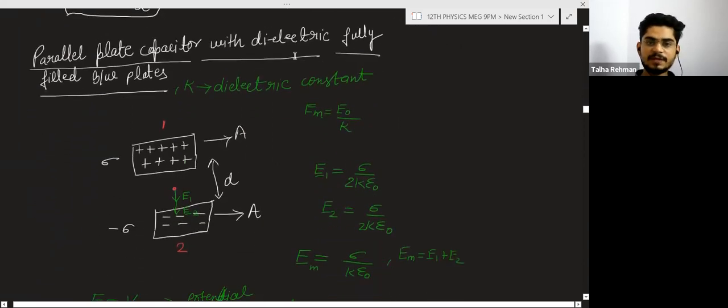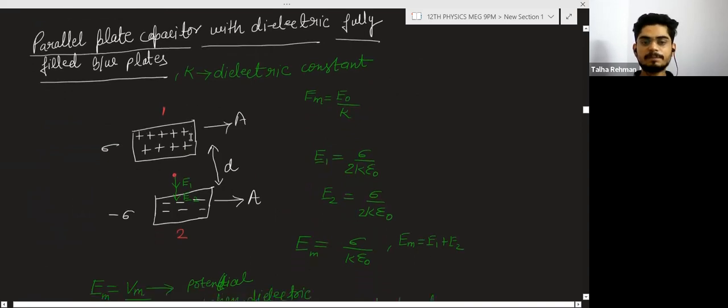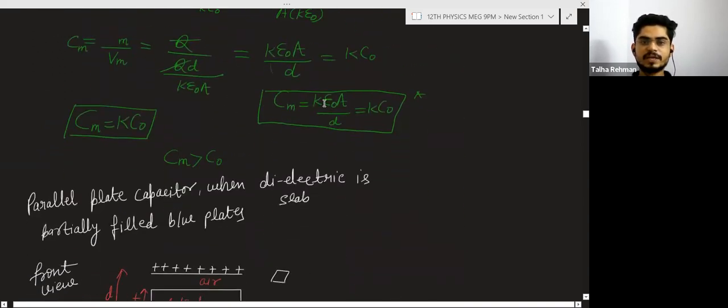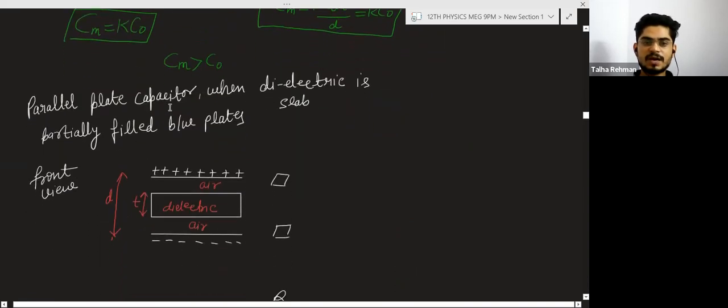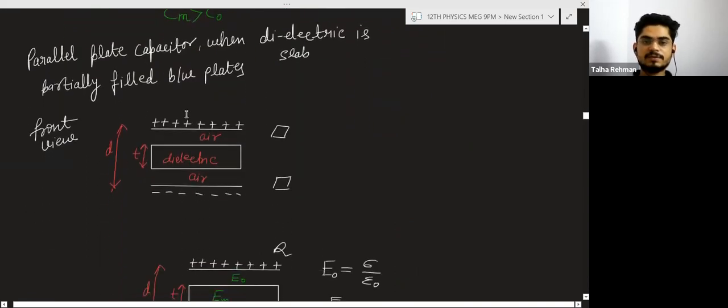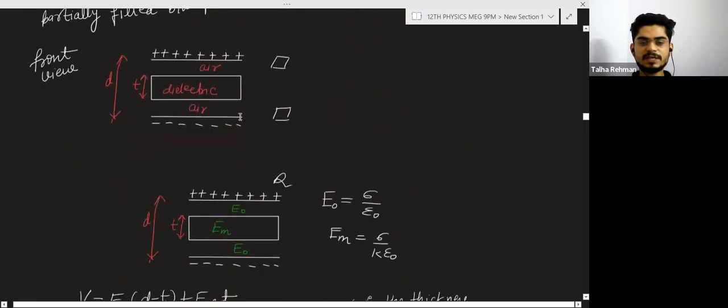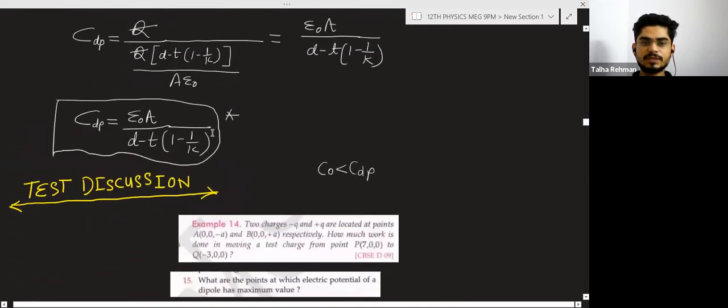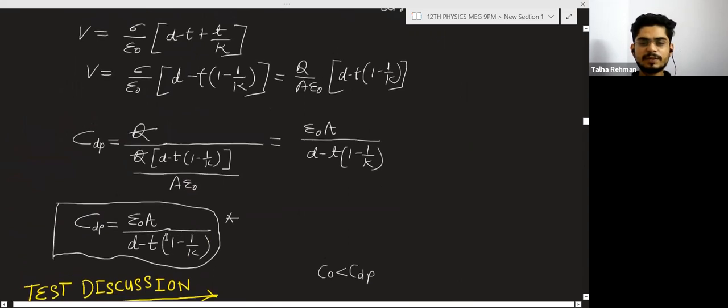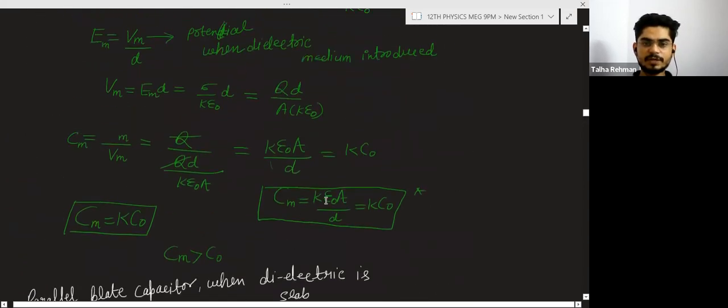After that I filled the dielectric completely between the plates, and I got this formula: K epsilon naught A divided by D, where K is the dielectric constant. After that I filled the dielectric partially, and we get this formula. This formula is not that important, but this one is important.